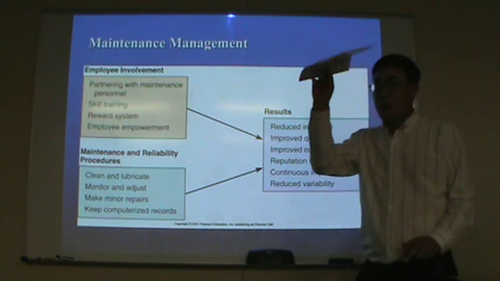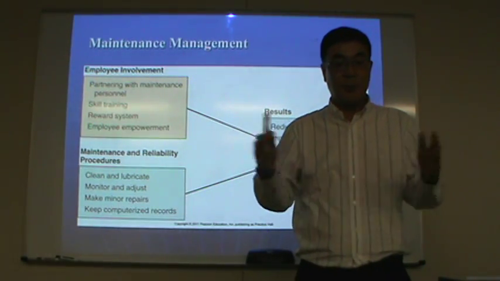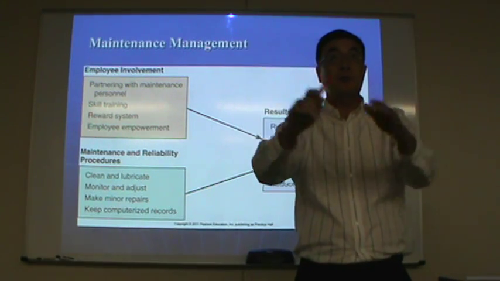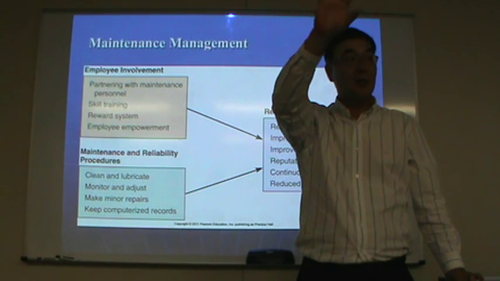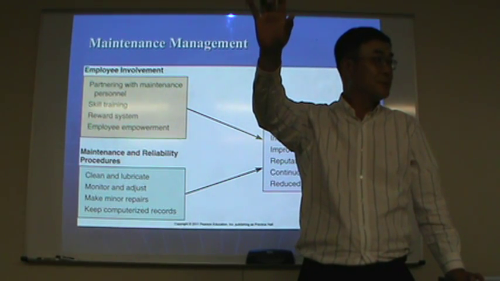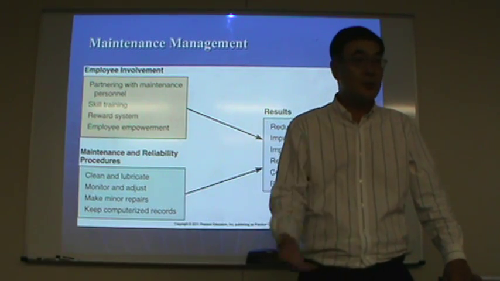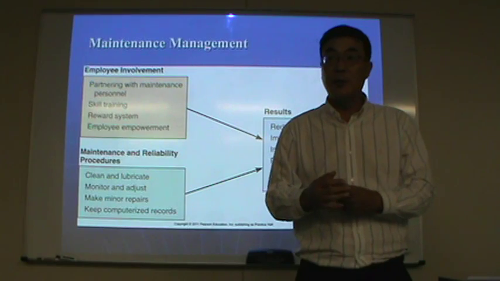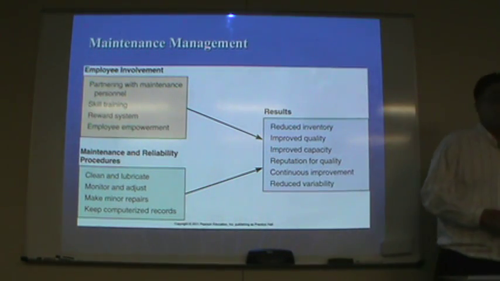When I make a copy, the department has a copy machine, and on the wall, in case something happens, there is a contact number. So if the copy machine doesn't work, then call right away. So reduce the time. And then skill training.